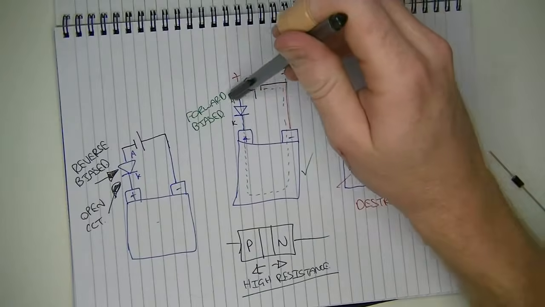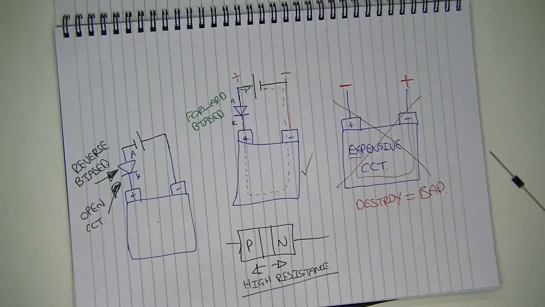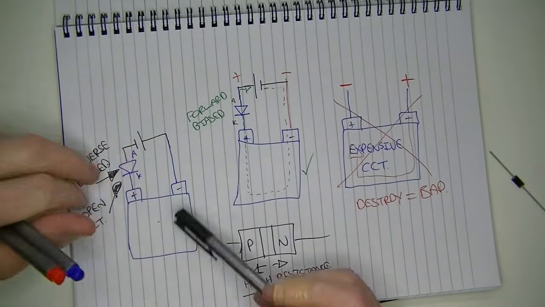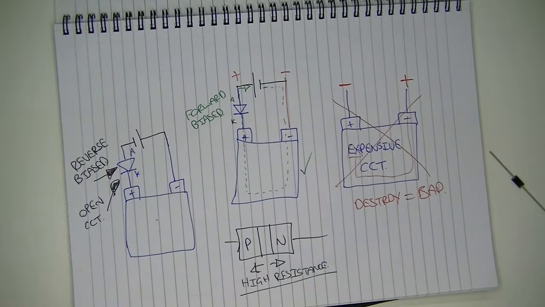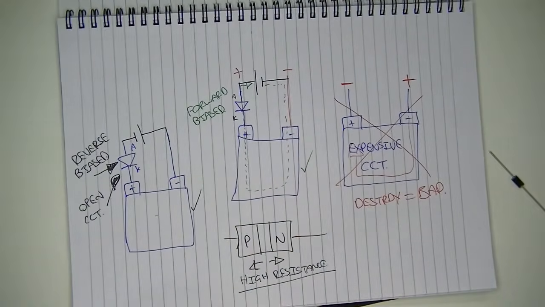If for some reason you come along and accidentally connect the power supply or battery the wrong way around, this diode will be reverse biased, it will go open circuit, you won't get any current flow, and therefore you've protected your circuit. All you need to do is turn the battery the other way around and then it'll be all good again. Current will flow.